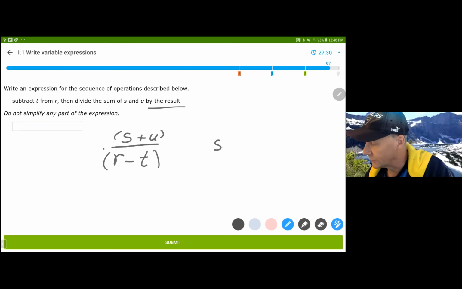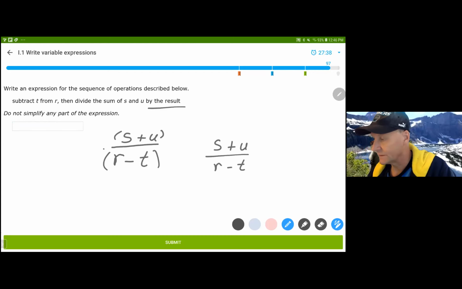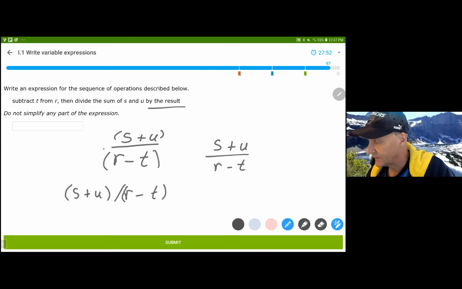So in algebra, we usually leave off the parentheses and just put the division line. Another really good reason to not use those sideways division symbols, although sometimes you have to. So if you were using a calculator or something, you would have to do this.